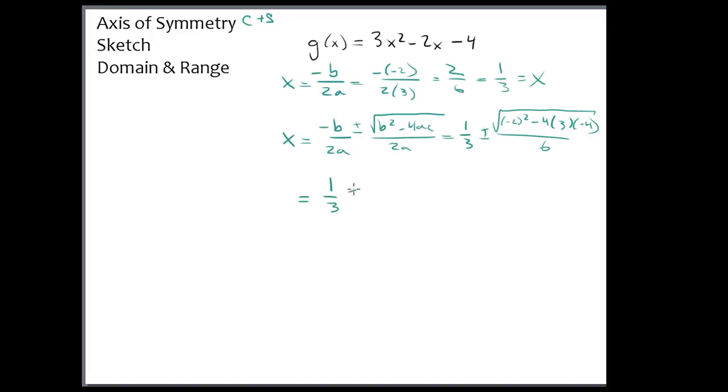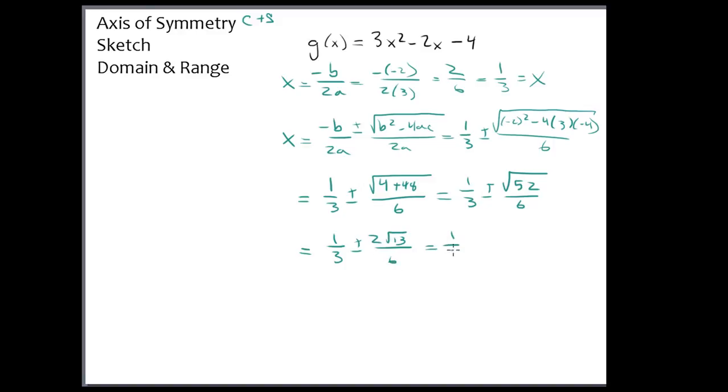So 1/3 plus or minus the square root of 4 plus 48, over 6. So that's 1/3 plus or minus the square root of 52 over 6. Oof, 52. 52 is 2 times 26, so 4 times 13, so 2 square roots of 13. 1/3 plus or minus 2 square roots of 13 over 6, or 1/3 plus or minus the square root of 13 over 3.